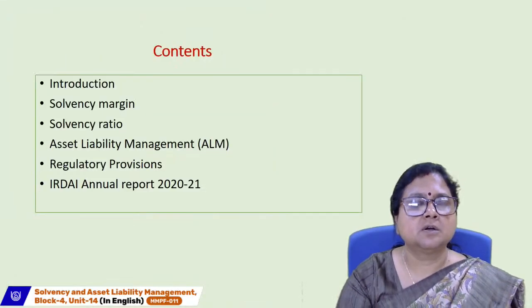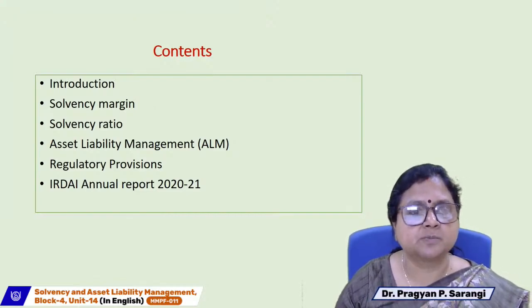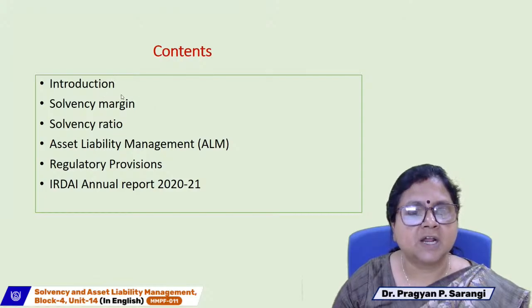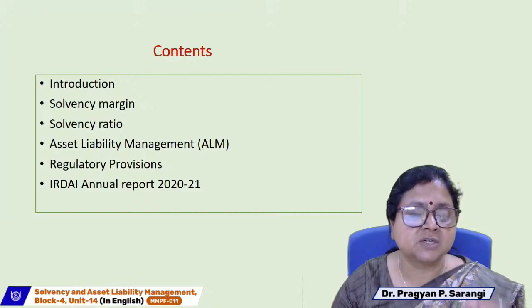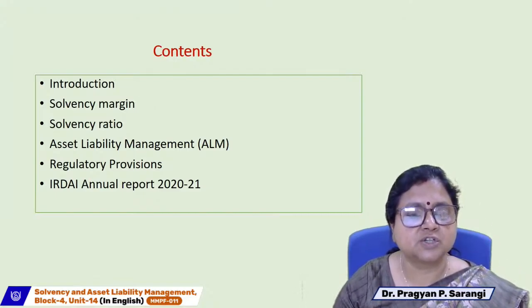So, in this unit, we will understand what solvency means. Then we will know what a solvency margin is and what the regulatory norms for maintaining a solvency margin are. We will understand further the concept of solvency ratio.